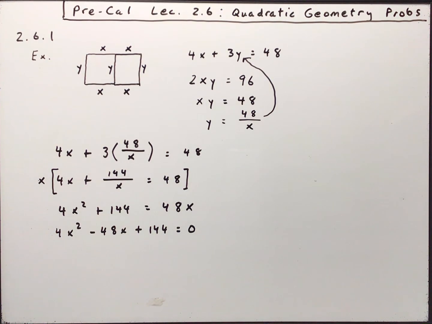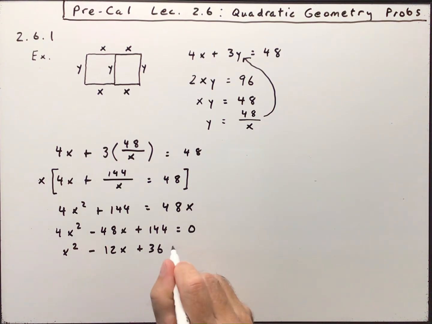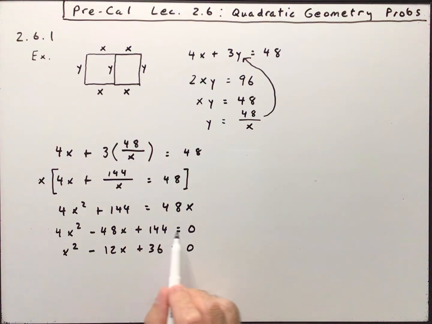Sorry, I wasn't really prepared. All right, 144 divided by 4 is 36. So we can divide both sides by 4 and simplify this to x squared minus 12x plus 36 equals 0. I just divided both sides by 4 to simplify.